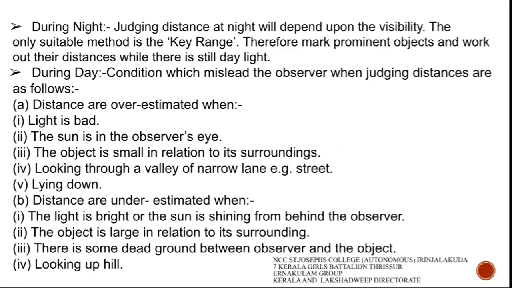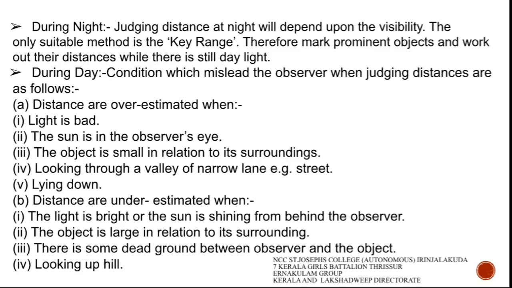During night, judging distance will depend upon the visibility. During day, the conditions which mislead the observer when judging distances are as follows. Sometimes distances are overestimated during day because of certain reasons such as light is bad, the sun is in the observer's eye, the object is small in relation to the surroundings, looking through a valley or narrow lane, and lying down.